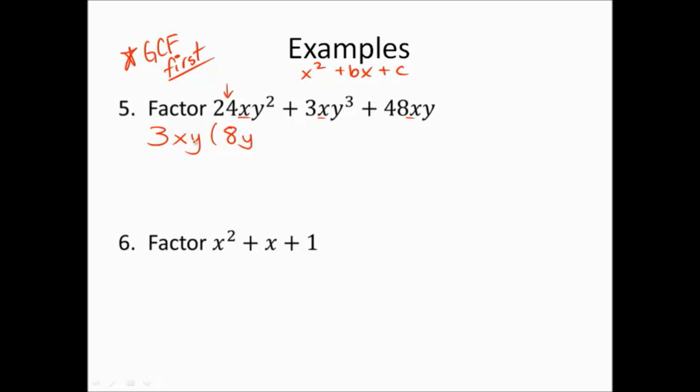So let's check that. 3xy times 8y gives us 24xy squared. Perfect. Next term is a positive, and we don't need a 3, we don't need an x, we need an extra y squared. And the next one is positive, and 48 divided by 3 is 16. And the x's are gone, and the y's are gone also. Great. So we took the greatest common factor out.